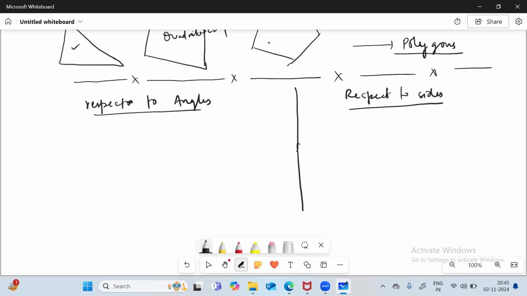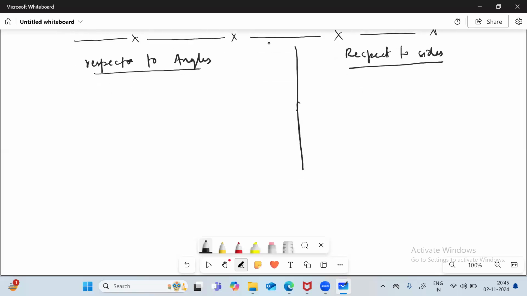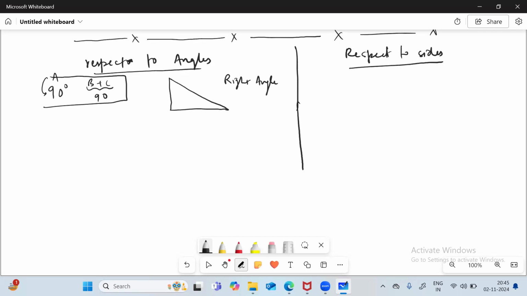So if there is a 90 degree angle in a triangle, if A or any particular angle is 90, then B and C together will have 90. So if there is a 90 degree angle, we'll call this triangle a right angle triangle. You don't have to write D here. Right angle triangle.